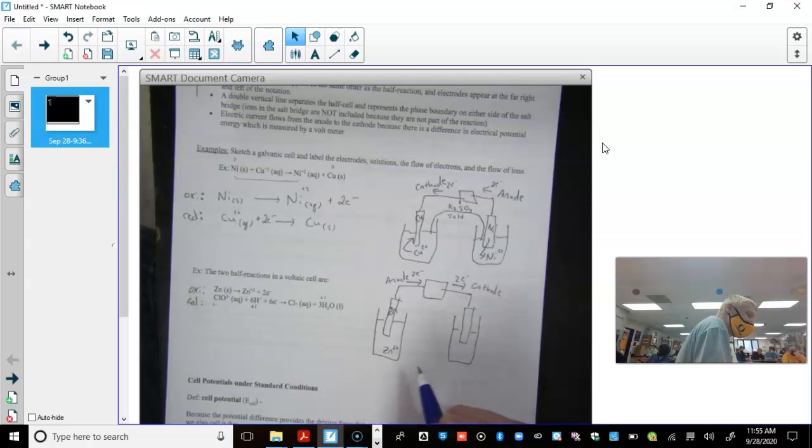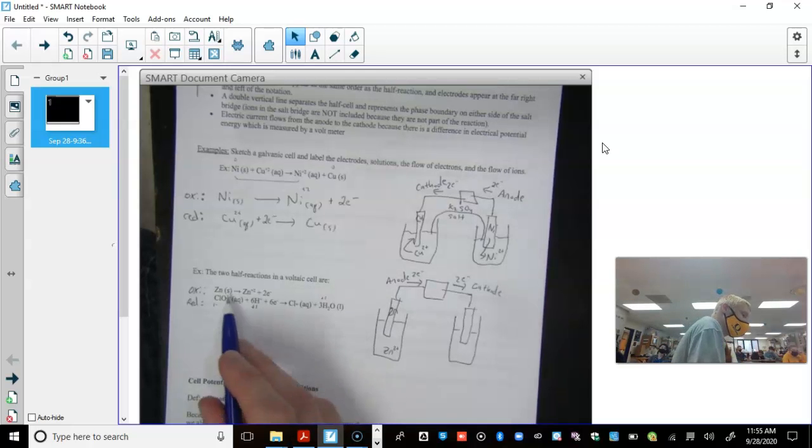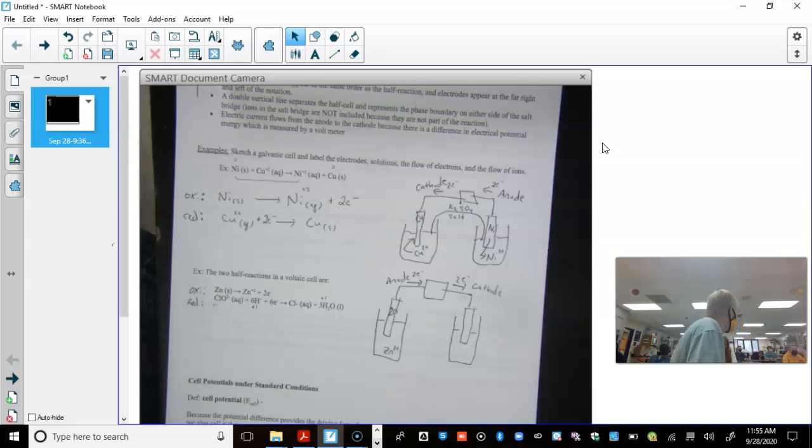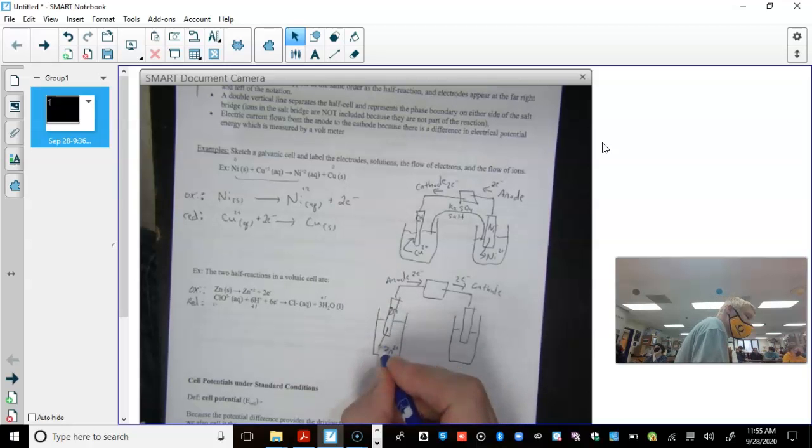All right. So which way are the ions going in this case then? Because zinc is being oxidized, the flow of ions, for the zinc at least, would be solid to aqueous solution.